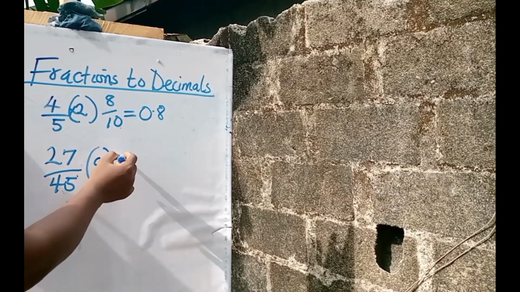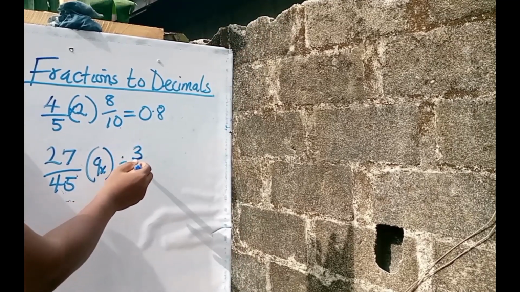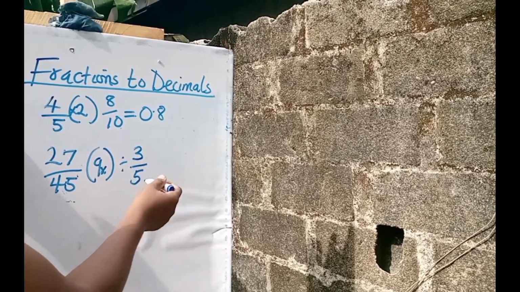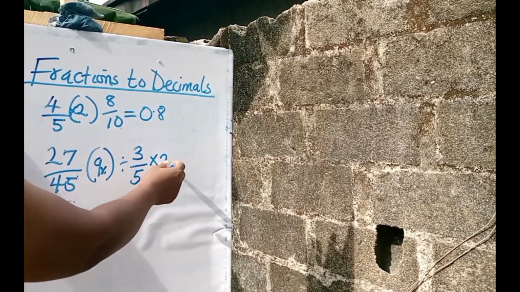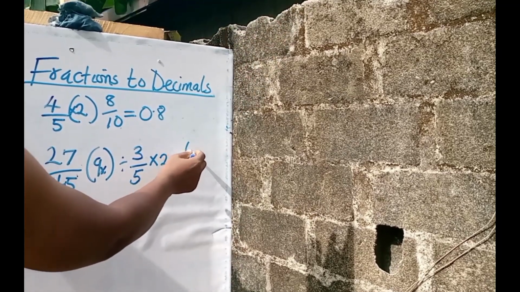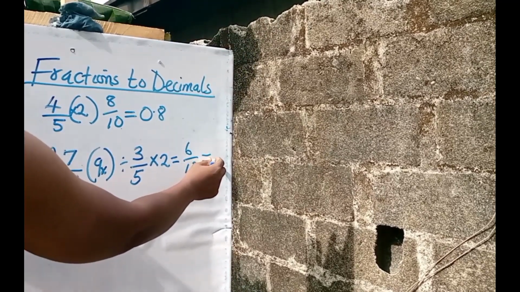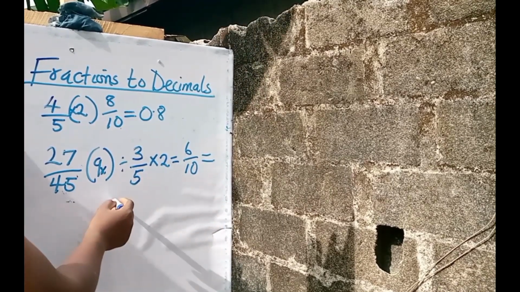So I will reduce this fraction by 9, and that will give me 3/5. Now from 3/5, I will multiply with a common equivalent factor of 2, and that will give me 6/10. Now from 6/10, I can easily change this fraction to a decimal, giving us 0.6.